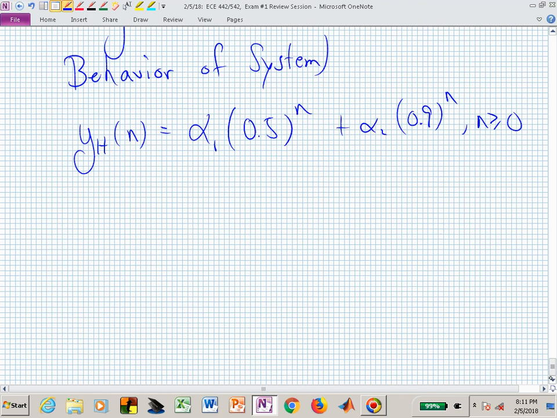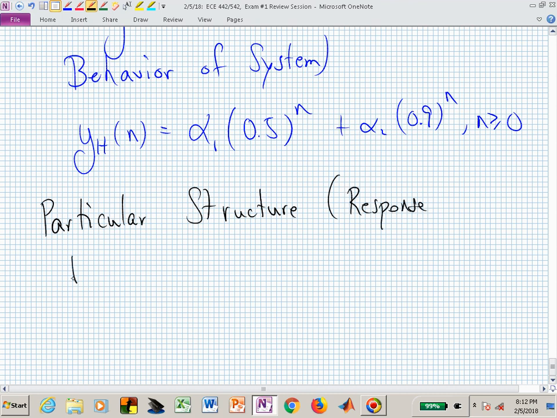And that would be the structure of your homogeneous. What's the particular structure? This is actually the response due to the forcing function or functions.